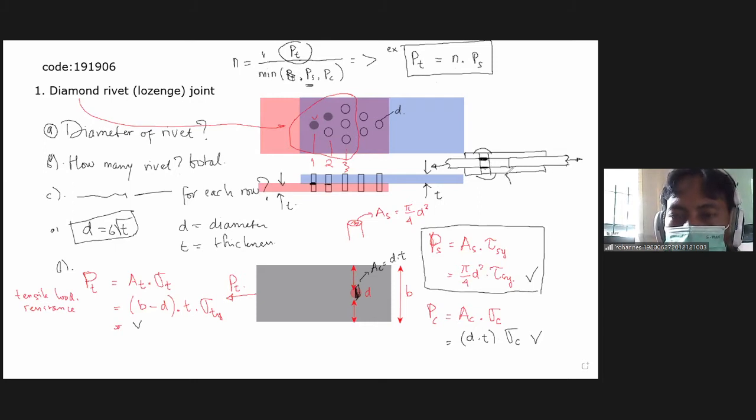Then for this kind of geometry of joint, you have to put these two shear areas for a single rivet. Okay, so please be careful in calculating the shear area.